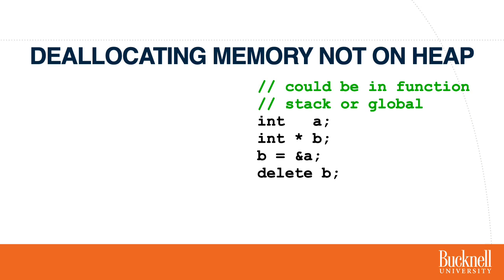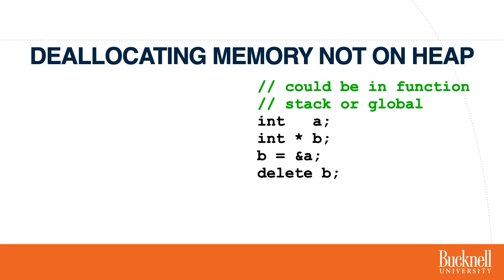Here are a couple more types of memory hazard that are a little bit more rare. Consider what happens if we try deleting b here. We've created an integer a, we've created a pointer b, we set b such that it points to the data stored in a, and then we delete b. This could be happening either in globals or inside of a function.